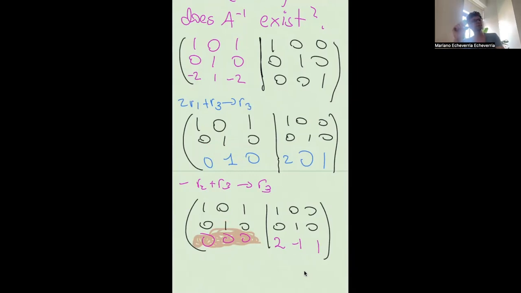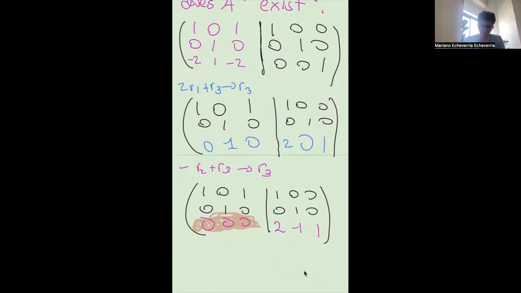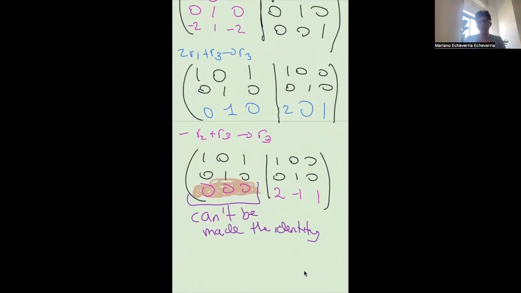So since you get to a row of zeros, there's no way to turn this into the identity matrix, right? Is that making sense? So this can never be turned into the identity. So that means that this A inverse does not exist here.